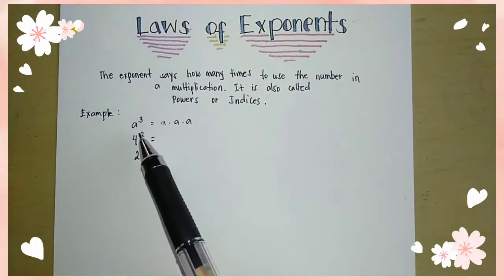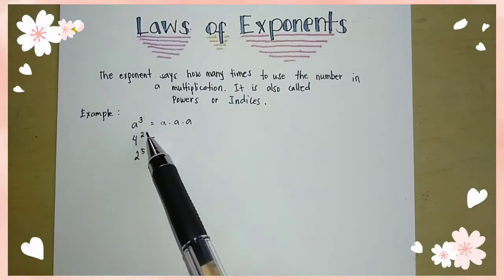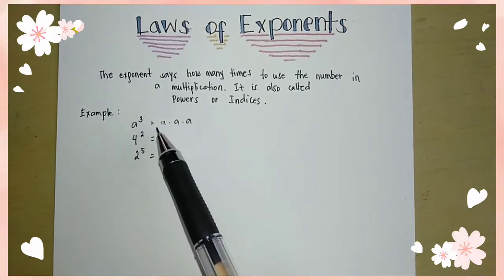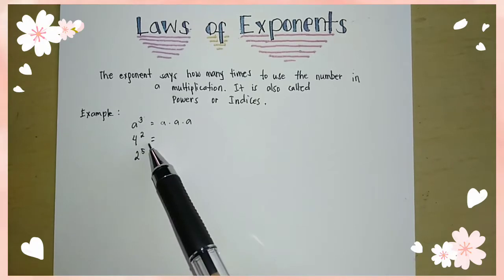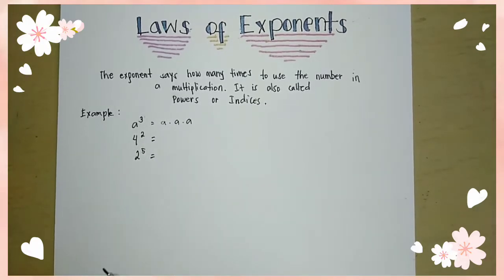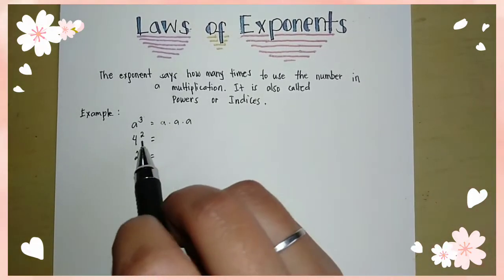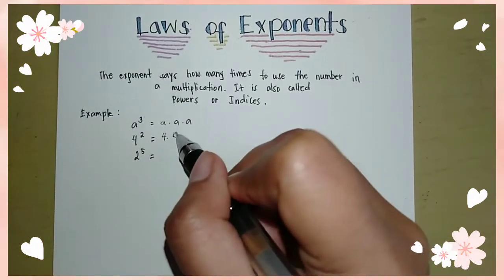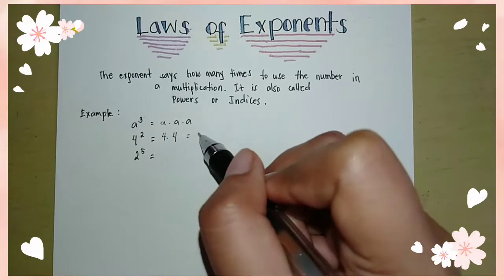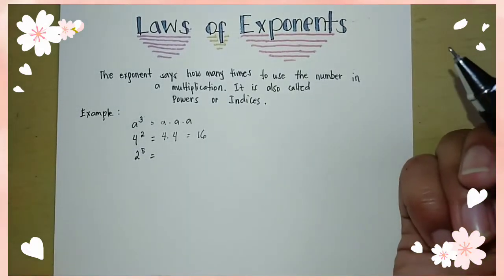And for example, number 2, we have 4 squared or 4 raised to 2 or 4 raised to the power of 2 or 4 to the second power. Okay? So, meaning to say, dalawang beses nating imumultiply si 4 sa kanyang sarili. So, we have 4 times 4 is equal to 16. Okay?